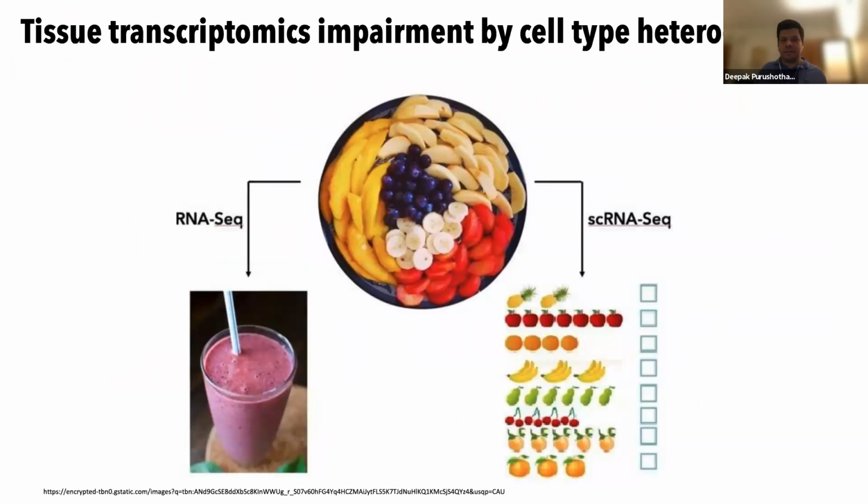So I briefly alluded to tissue transcriptomics. There could be cases where tissue transcriptomics could get impaired by cell type heterogeneity. A very common example to illustrate this aspect is like taking a bunch of fruits. One way is to enjoy each fruit individually, and the other way is to just put them in a blender.